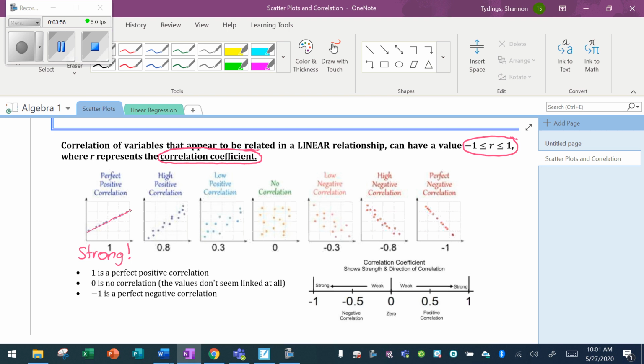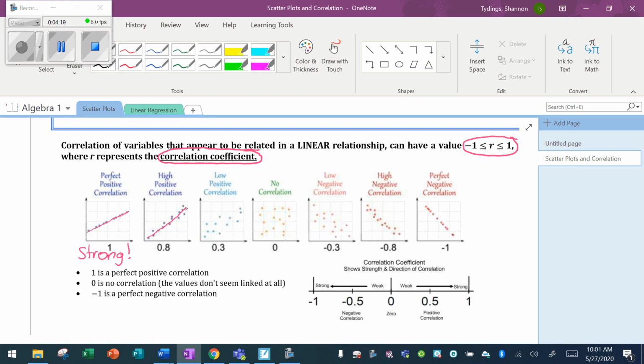Looking down the scale at this high positive correlation, notice that it's pretty close to making a straight line, but it's not exact, which is why 0.8, 0.9, 0.95 are all strong positive correlations, meaning really close to perfect, but not quite perfect.